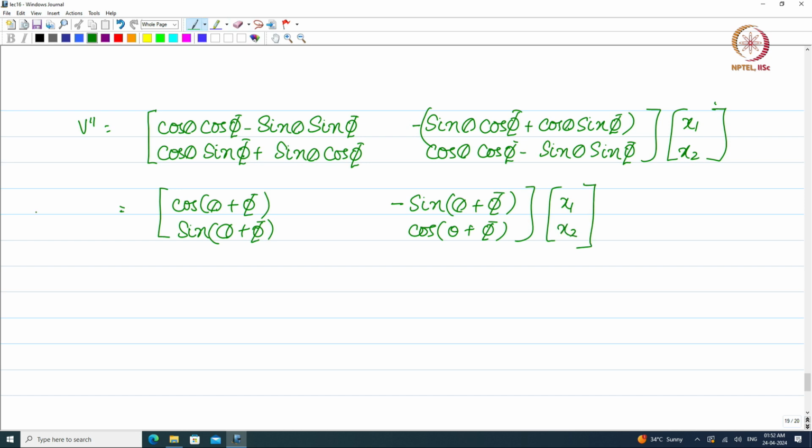So, how did we get our V double prime? V double prime was basically I applied r theta onto x1 x2, this vector.